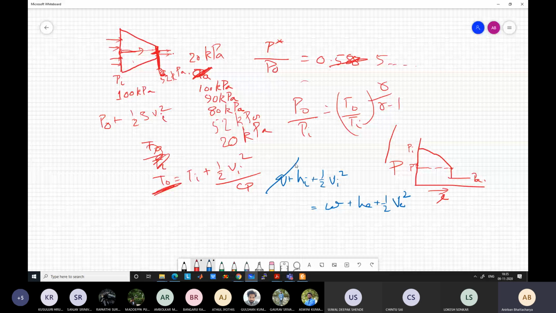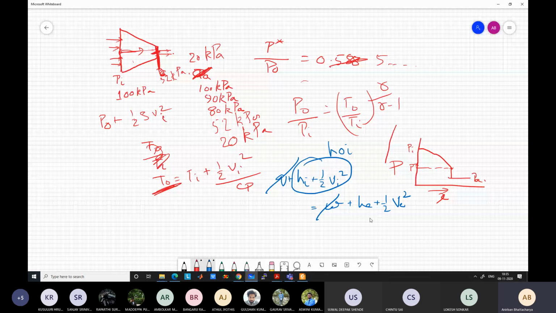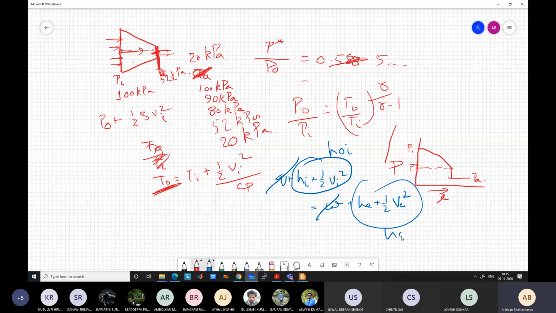If there is no heat loss, and obviously the nozzle cannot do any work because there is no moving part, this is nothing but H0I, inlet stagnation enthalpy, and this is H0E, outlet stagnation enthalpy, or at any point in the nozzle. So at any point in the nozzle, H0 should remain equal because it cannot change. The sum of static enthalpy and kinetic energy will remain constant.